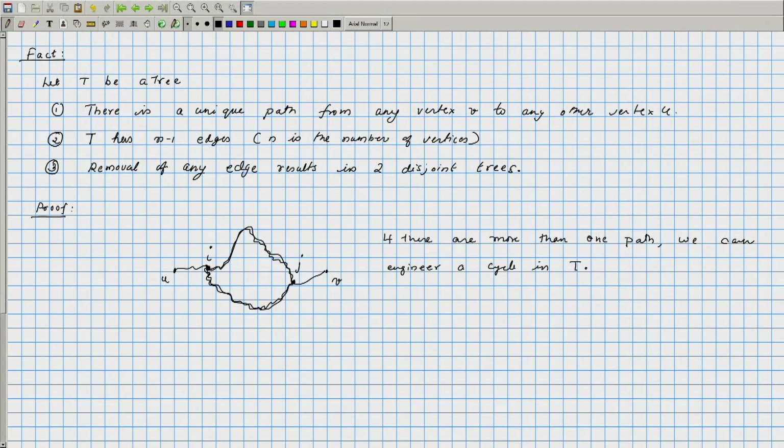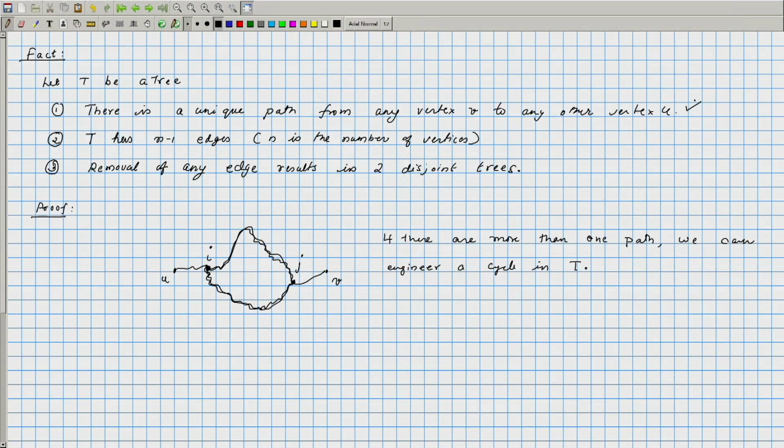And the original graph, by virtue of it being a tree, we know that it cannot contain any cycle. Okay. So, it cannot be the case that there is more than one path. So, there is at most one path. How do we say that there is at least one path? Well, because this is a connected graph, between any two vertices you can go from one vertex to another. Okay. So, that proves statement 1 that there is a unique path.